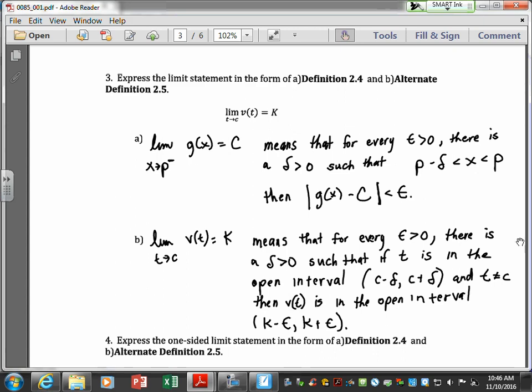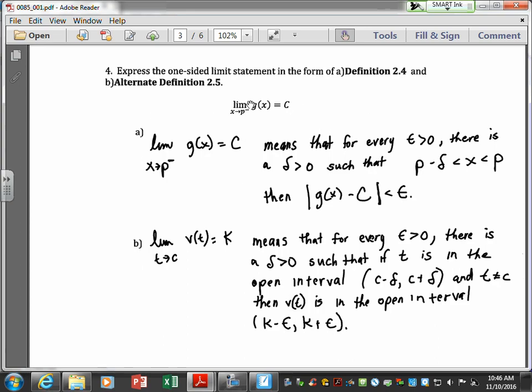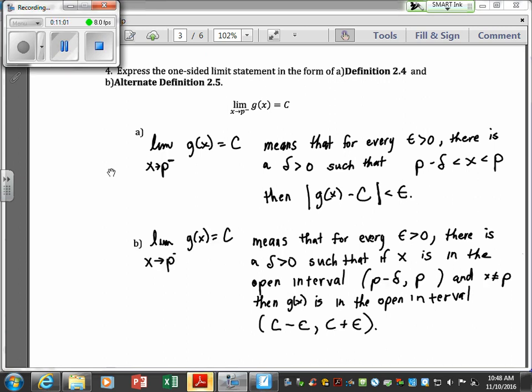So let's together change this particular one to match this left-hand limit for the alternate form. I'm going to erase that and change it now. Okay, we made the necessary changes to change our function to g of x, and we considered only the left-hand limit, so we're going to be doing p minus delta to p, and that changes our open interval using our new limit.